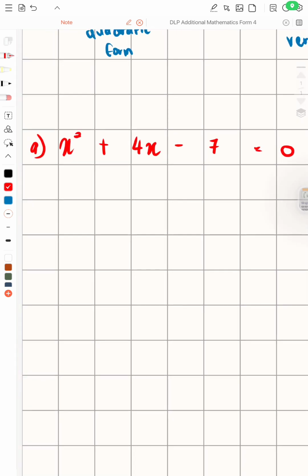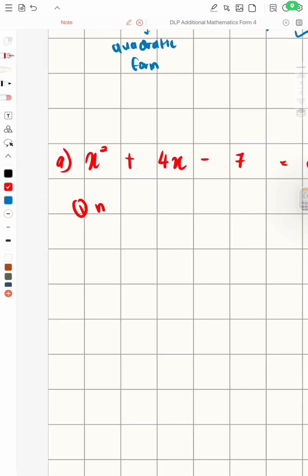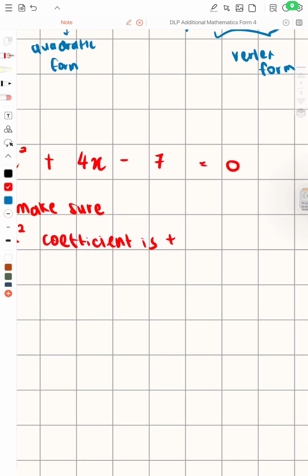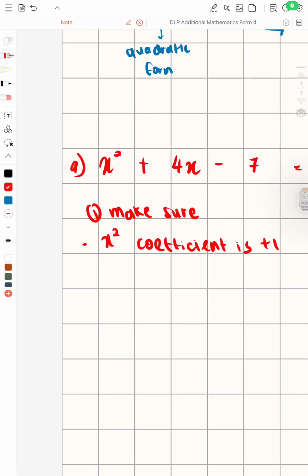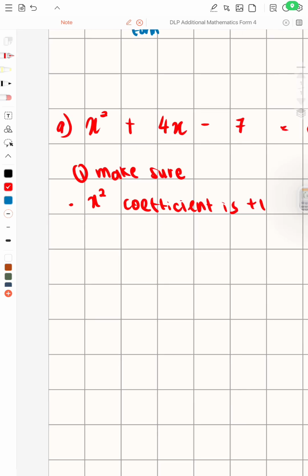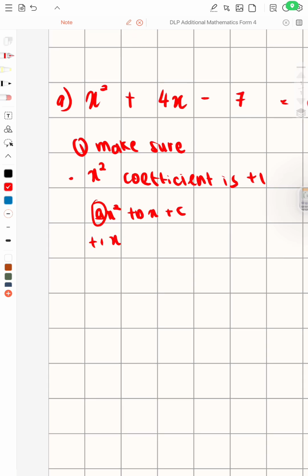So what do you need to do first? You need to make sure the quadratic equation is equal to 0. The first step is to always make sure the coefficient of x squared, which is the value connected to x squared, is positive 1. What is the coefficient of x squared? It is basically the value of a, the number connected to x squared.